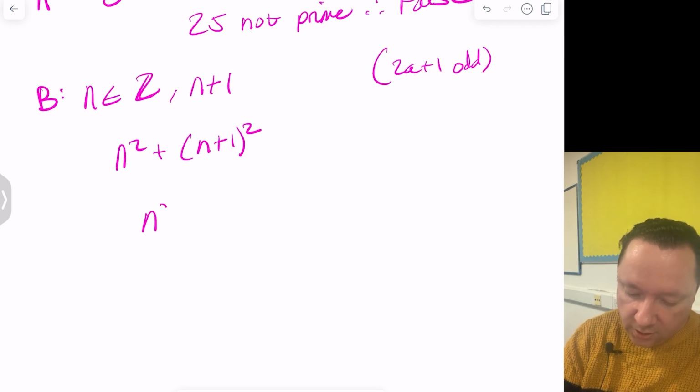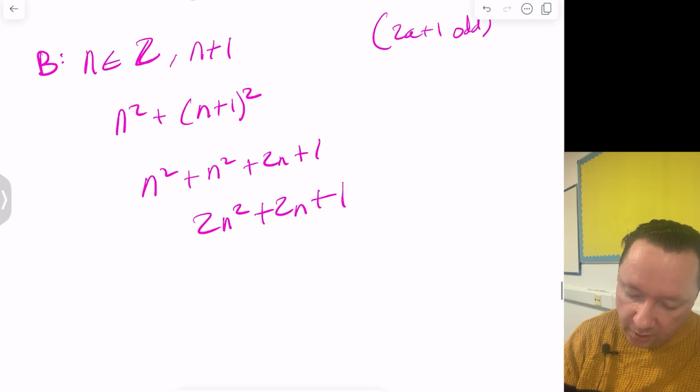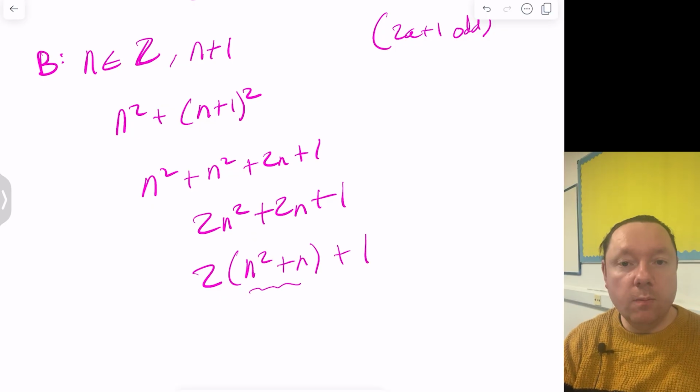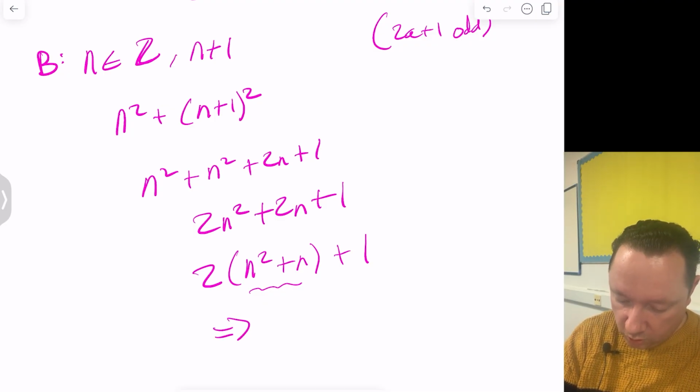Taking out a common factor of 2 from the front bit, or just 2 even, we'll get 2 times n plus 1, and that's just a number. So that's basically of the form 2a plus 1, therefore odd. So statement true.